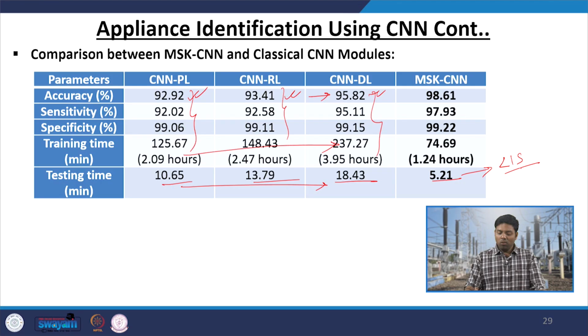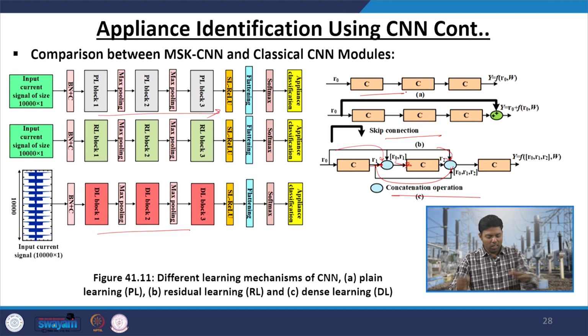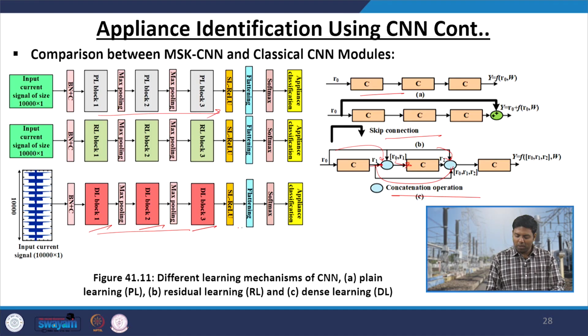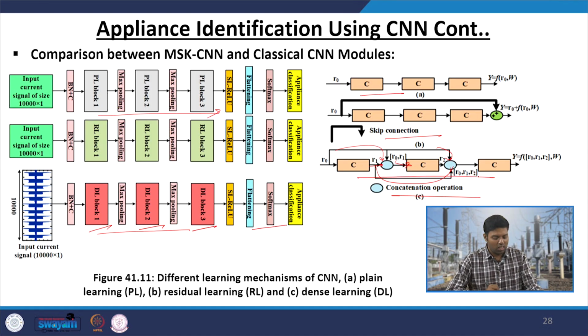Now, for this MSK CNN, the physics informed CNN, you can see that with only 2 layers... whereas here you have multiple DL blocks, and each DL block has 3 convolution layers. So, 3, 3, 3, you have a total of 9 convolution layers. In between you have max pooling, and here you also have 1 convolution layer. So, a total of 10 convolution operations you are doing.